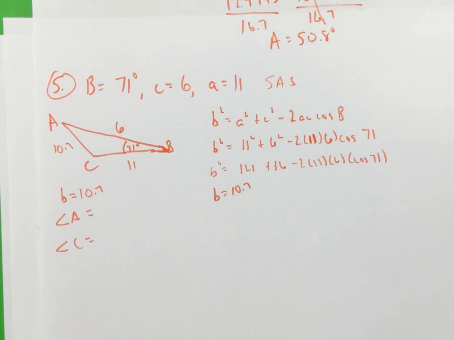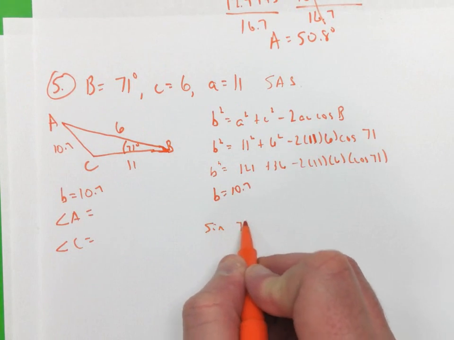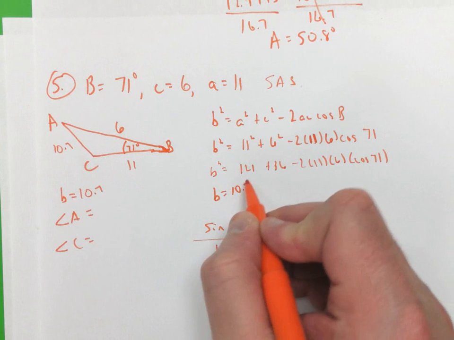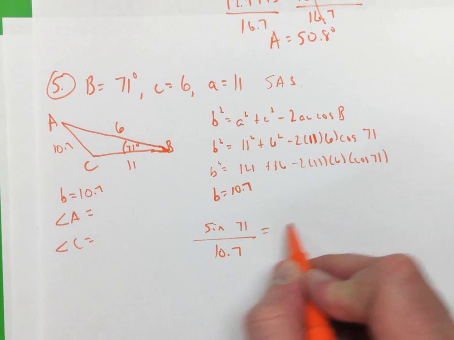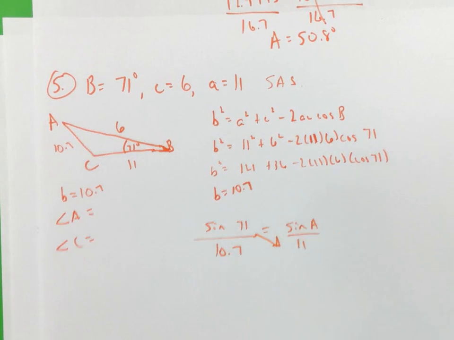So I'm going to look for A now. I'm going to use my known: sine of 71 over 10.7 equals sine of A over 11. Cross multiply.